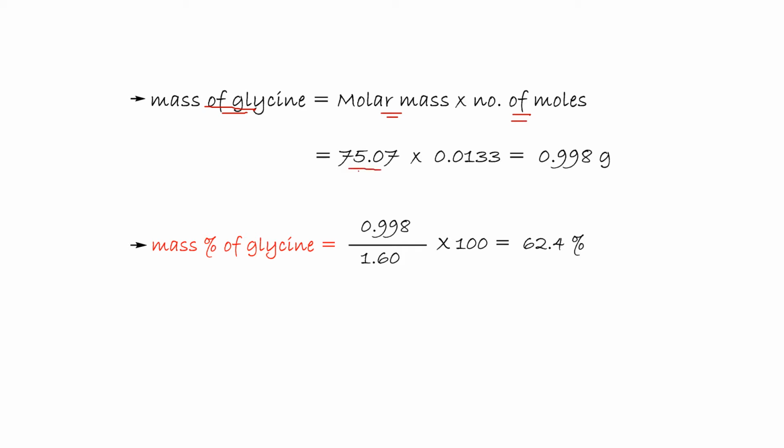Given 75.07 for molar mass and number of moles 0.0133, that gives mass of glycine 0.998 gram. So the mass percent will be the mass of glycine divided by the total mass of the sample tablet times 100. The answer is 62.4%.